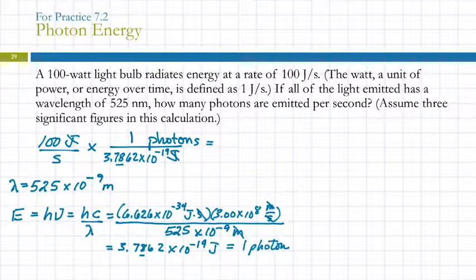So 100 joules divided by that crazy number gives me 2.64 times 10 to the 20th photons per second. Anybody else get that number? That's a lot of photons.